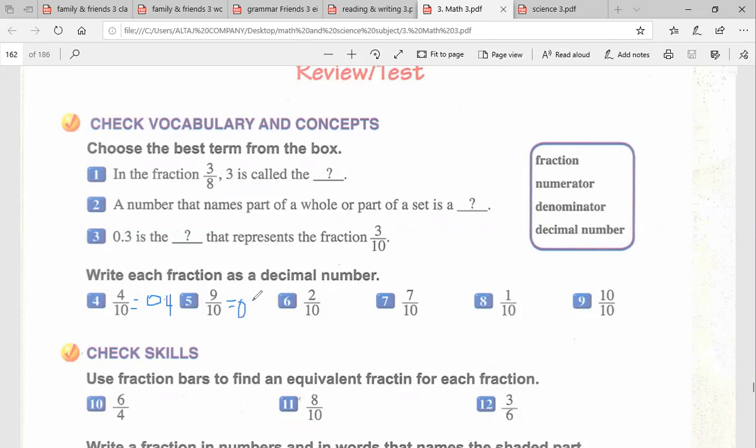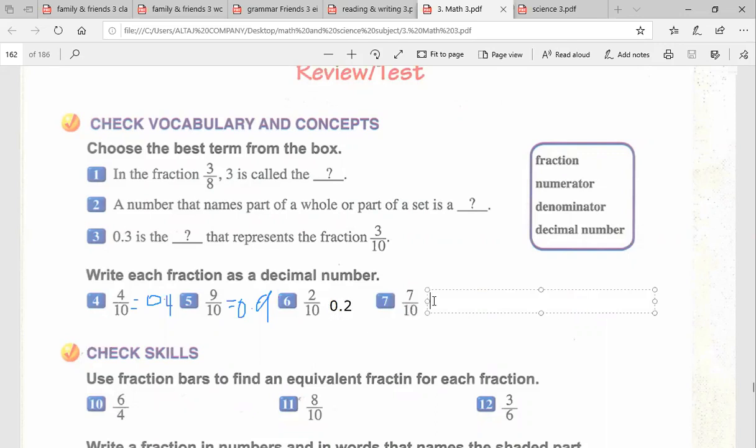Please write 0.9. Question 6. 2/10. It will be 0.2.